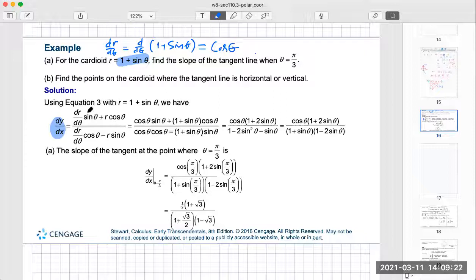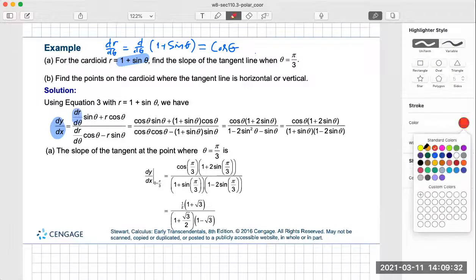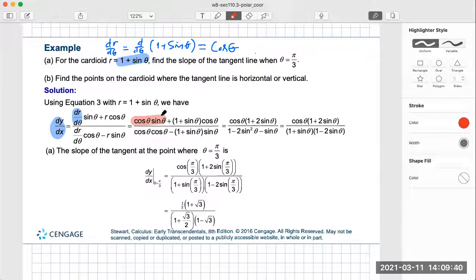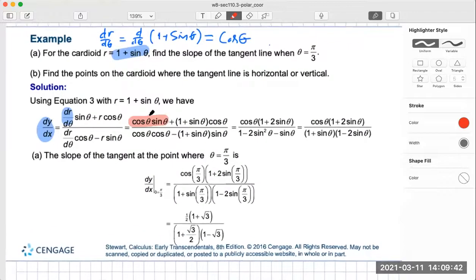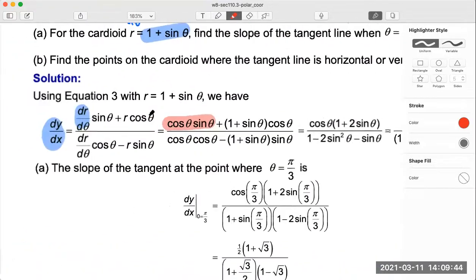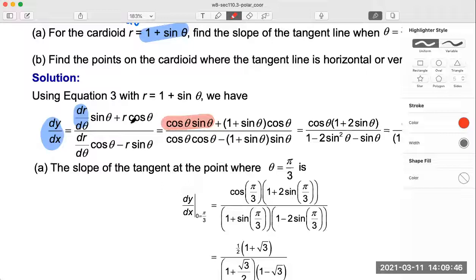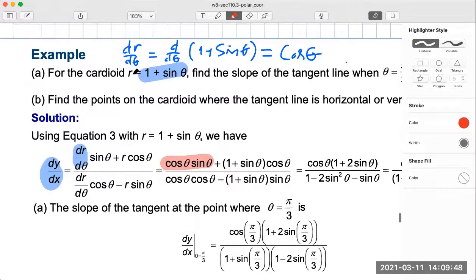Therefore, we plug it into this formula. We have this guy is cosine theta. And here sine theta is right here already. So that is why we have this product. Okay. The second term, r is given by this form.